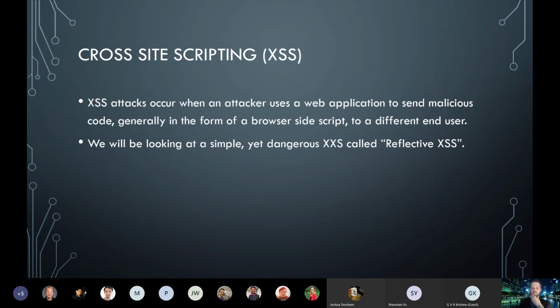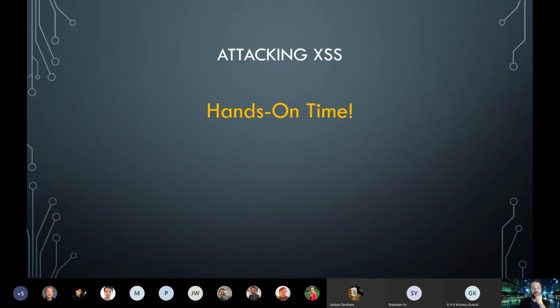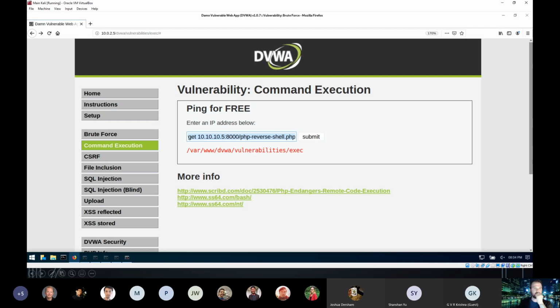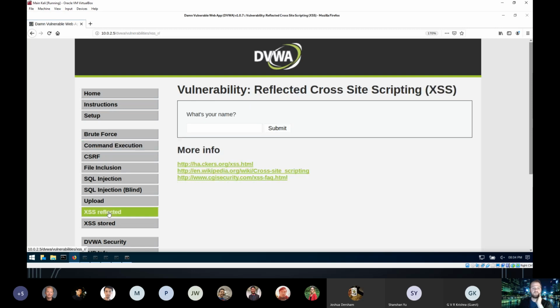So this one's pretty straightforward, guys. You can use this to have the server reflect back data to you that it shouldn't. Let's jump back into it. We're going to go to XSS reflected. It's going to say, what's your name? My name is John.